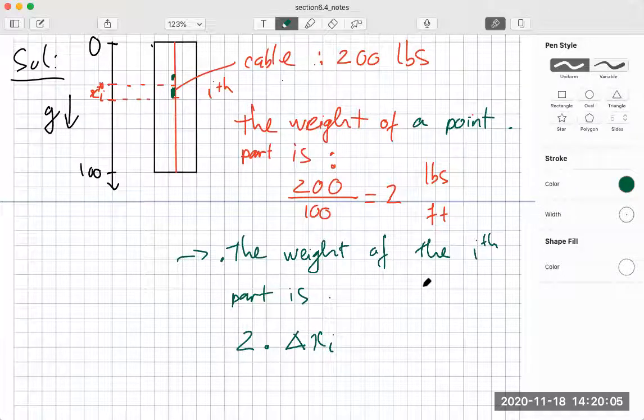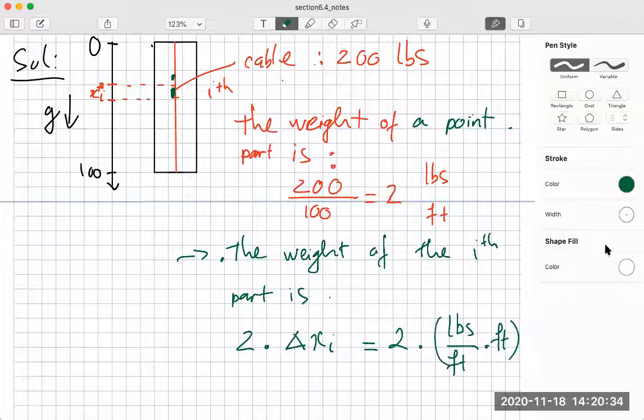And delta xi, the unit of this is in feet, right? So if we multiply here with feet, the unit will be 2 pounds divided by feet, multiplied by feet. So feet and feet here will cancel each other, giving us the weight, right? Makes sense. So the weight of this part is like this.